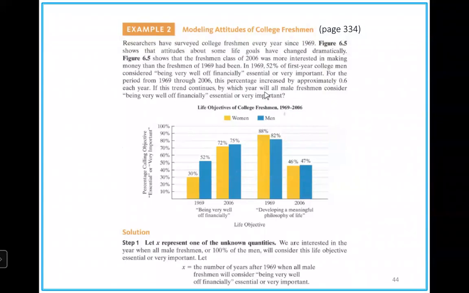Is it 100%? So in 1969 it was 52%, in 2006 it was 75%. We want to find out when it will be 100% if the trend continues.